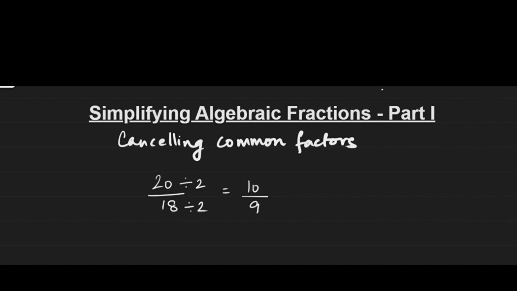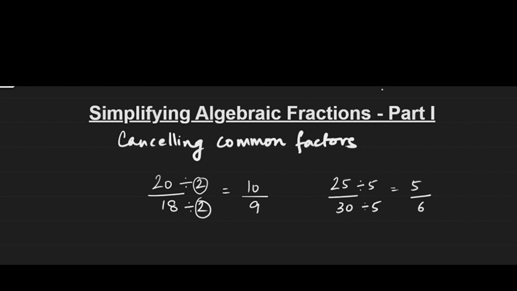In other words, the common factor 2 is cancelled from both numerator and denominator. Take another example. If I have 25 by 30, the common factor is 5. 25 divided by 5 is 5 and 30 divided by 5 is 6.